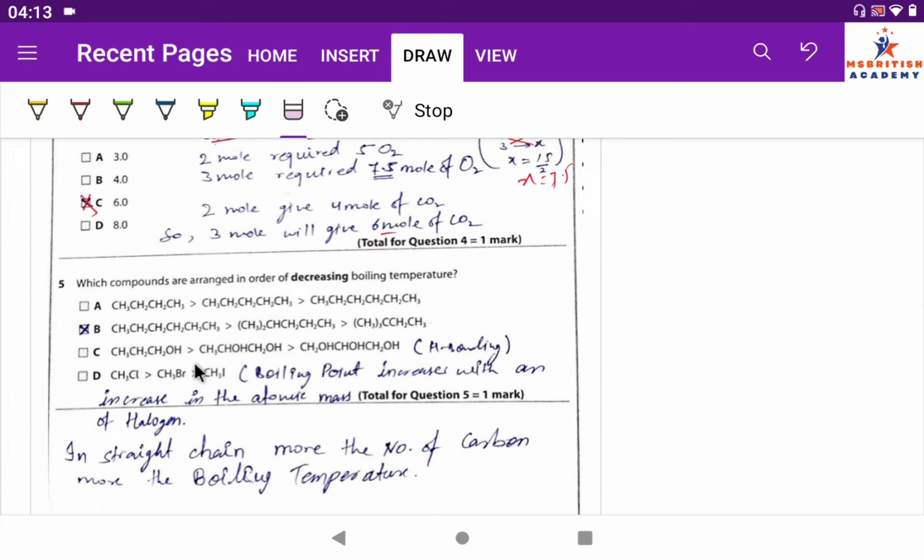So the order should be like this, but it is in reverse order. So from here you can say B is the correct answer.